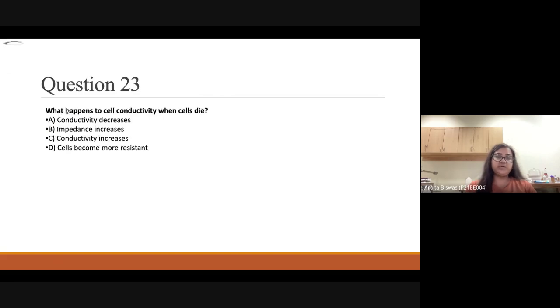Okay, so next, moving toward question number 23. What happened to the cell conductivity when the cell died? First is conductivity decreases. Second is impedance increases. The third option is conductivity increases, and the fourth option is cell becomes more resistant.